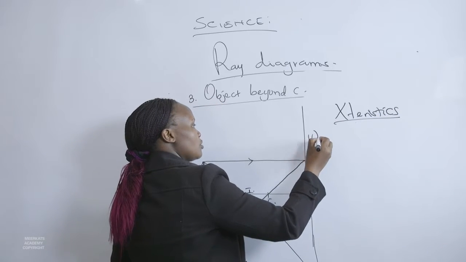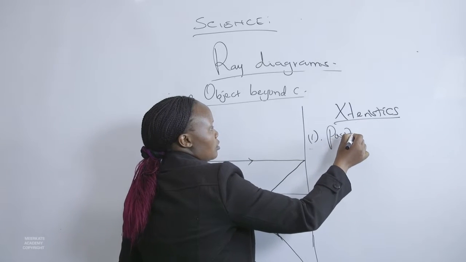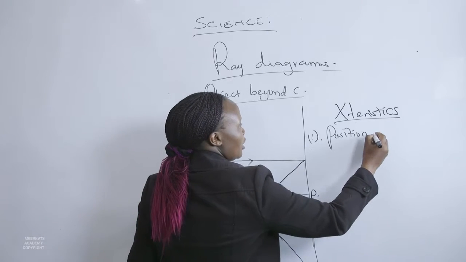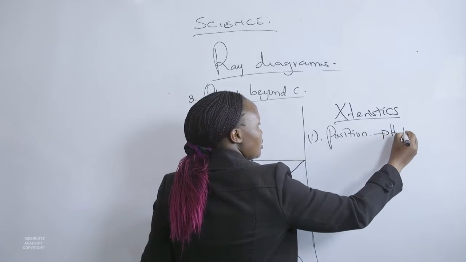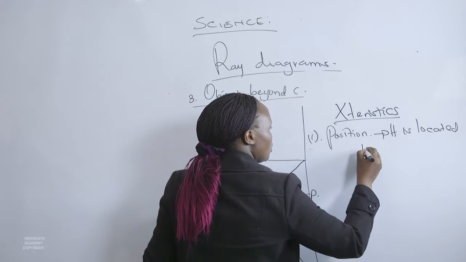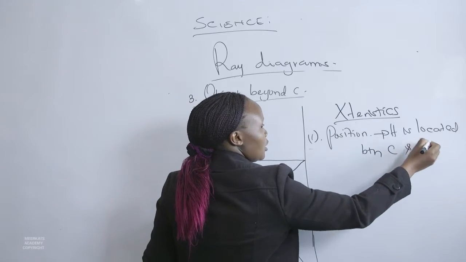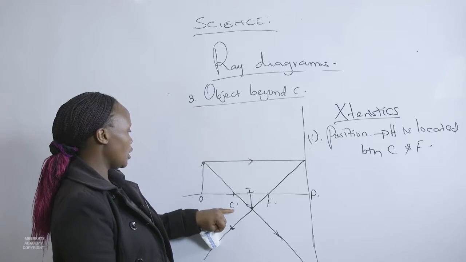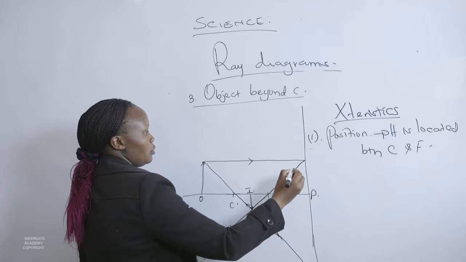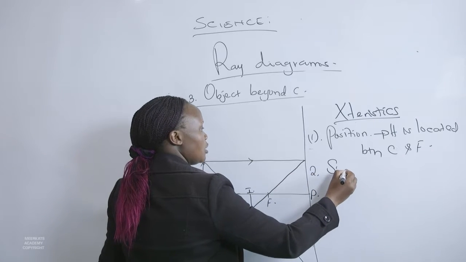Number 1, we can consider the position of the image and say that it is located between C and F. It is actually located between C and F. Number 2, say something about the size.